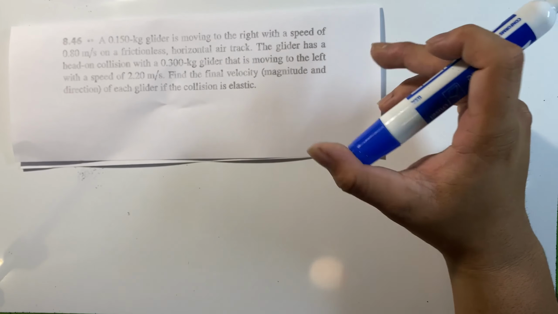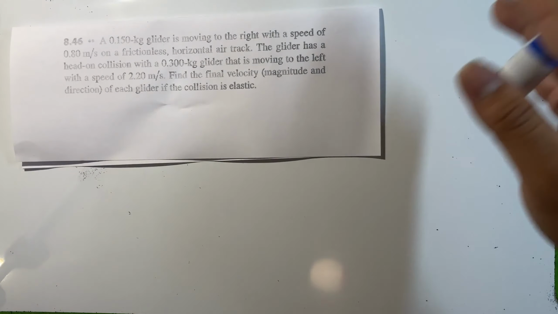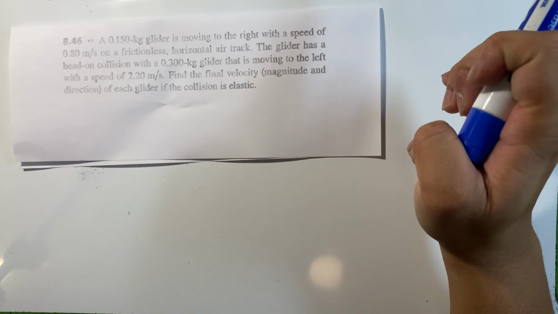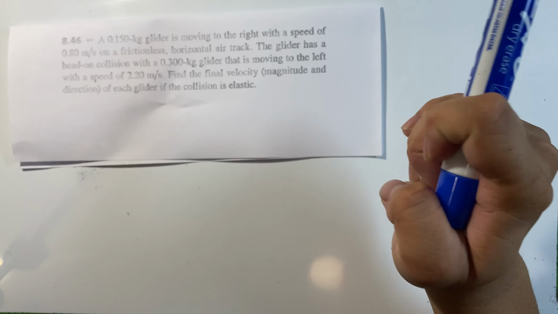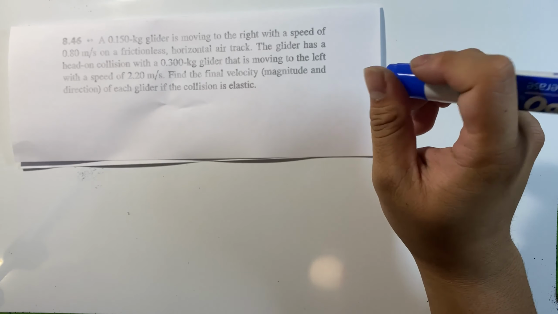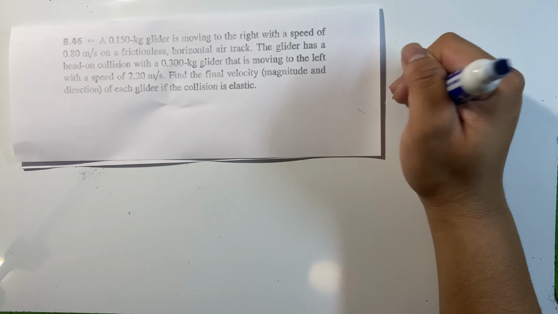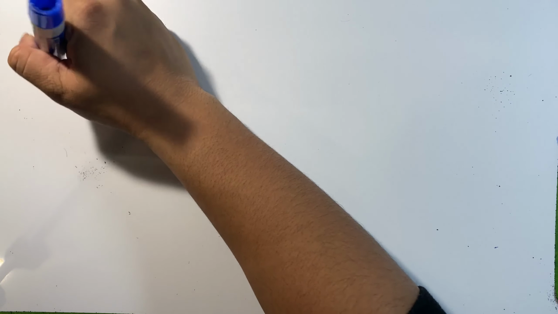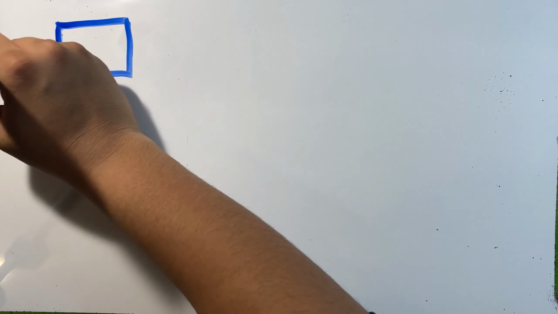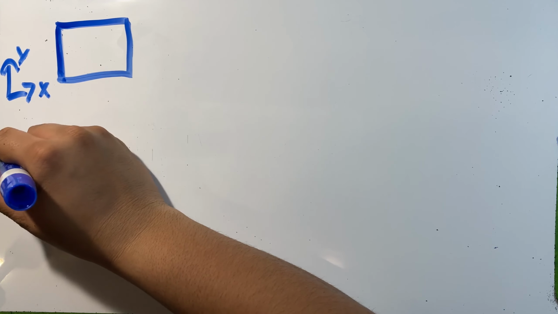The glider has a head-on collision with a 0.3 kilogram glider that is moving to the left with a speed of 2.2 meters per second. Find the final velocity of each glider, magnitude and direction. Well, it's a horizontal track. It's not going to be going up. So for one, we're just going to look at things in the x direction here.